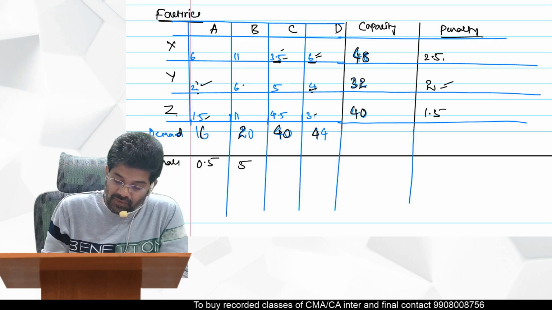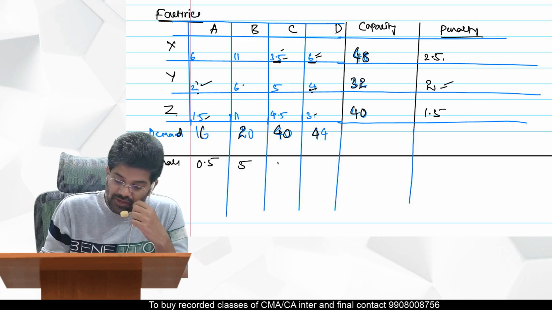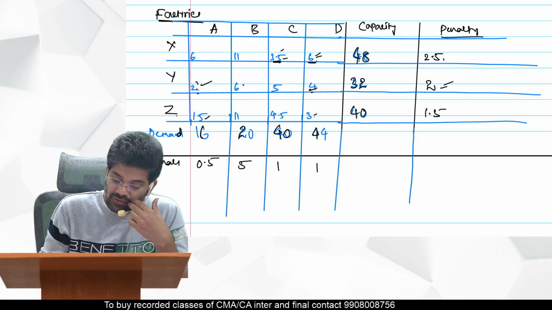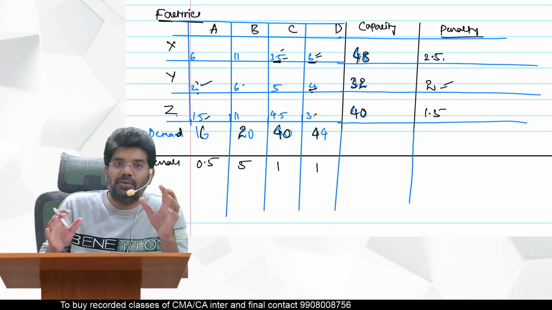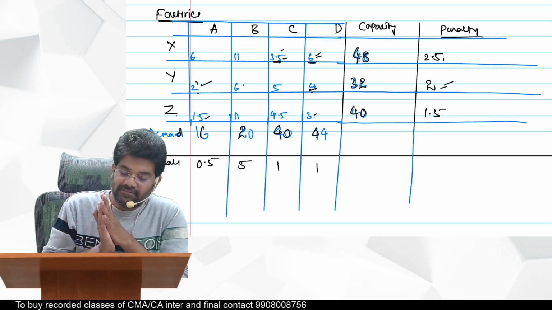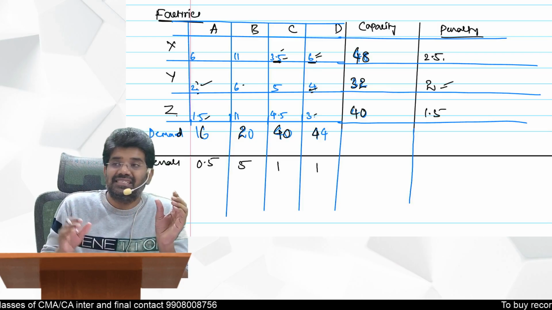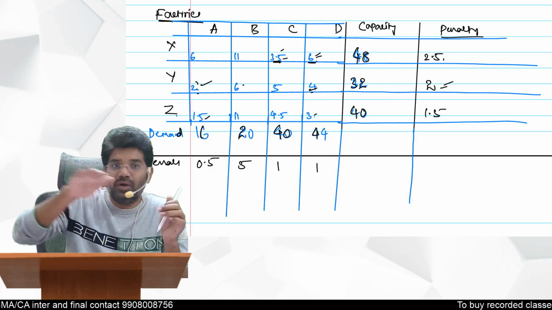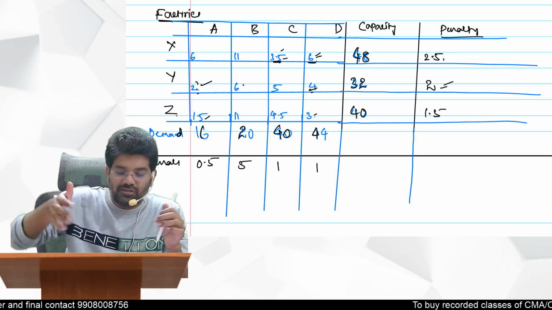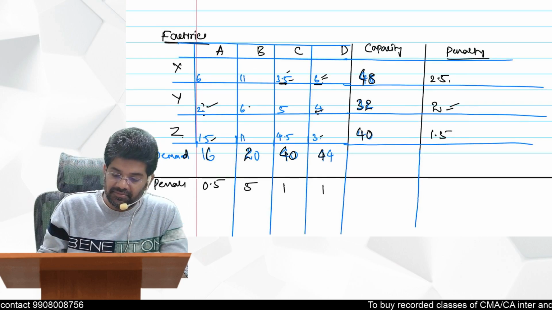Next, 3.5 and 4.5, so 1. Here 3 and 4, so 1. So we calculated the penalties. How did we calculate the penalty? Calculate the difference between the first least and second least figure, row wise and column wise. This is our first step.